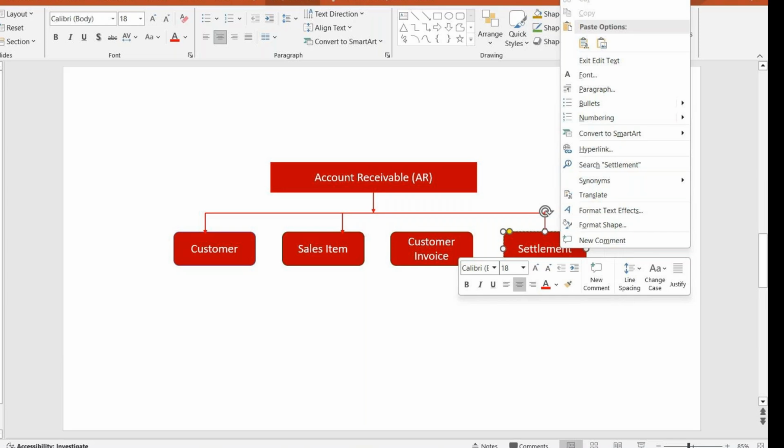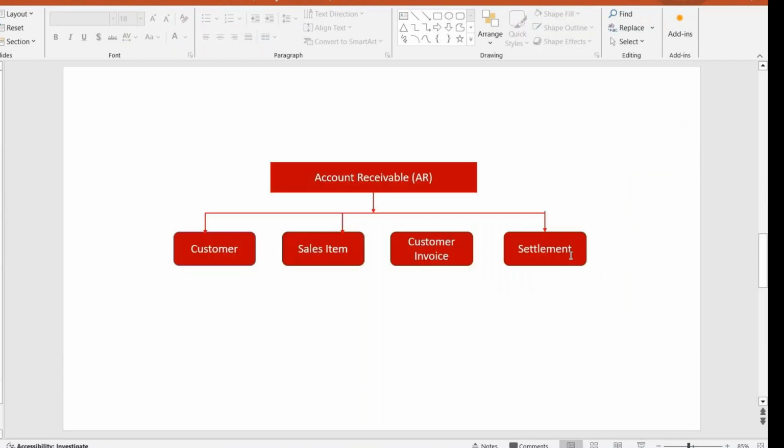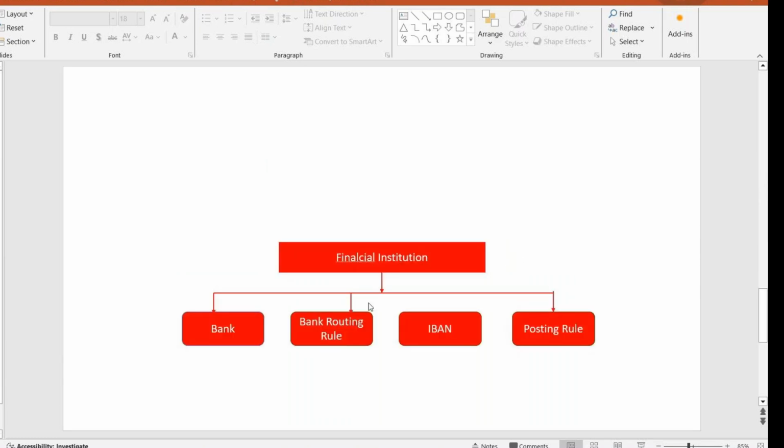What procedures are adopted by the company, and what details we are talking about, that will also be there. So settlement means nothing but settlement through the bank, or cash or credit, like that. This settlement will happen through the financial institution. So this is a must for any company: creating a bank and banking rules, whether it's IBAN or posting rules.